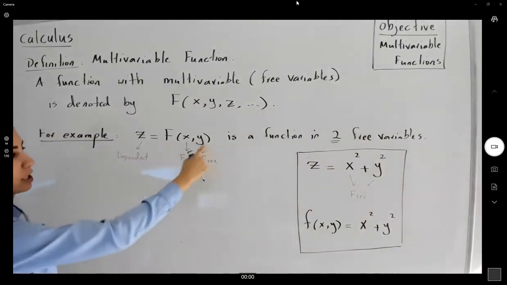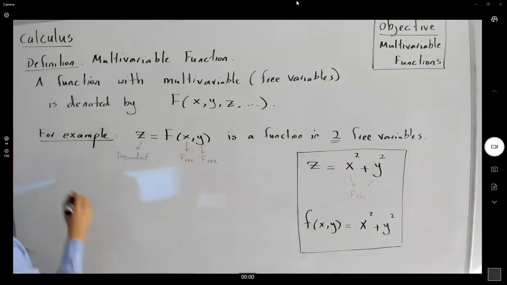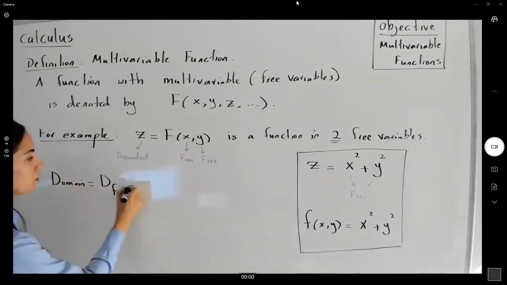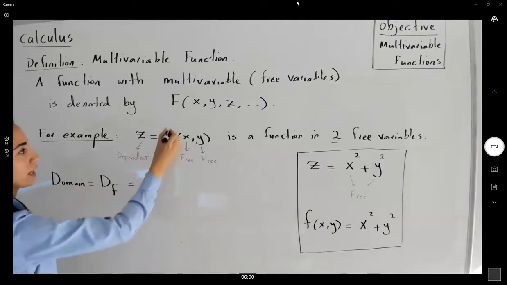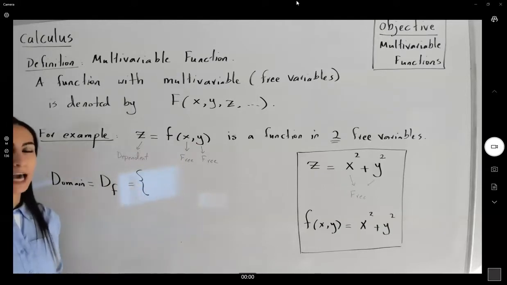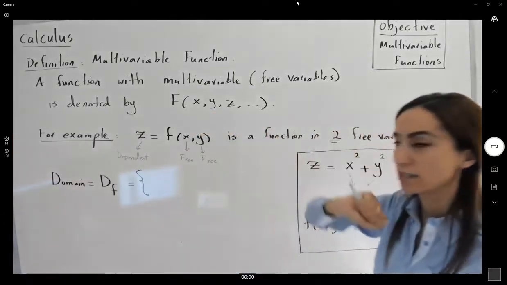For a function in two free variables, we introduce the domain this way. We say that the domain of f is equal to the set of all, you don't have one number, you have two numbers, one assigned to x, one assigned to y.